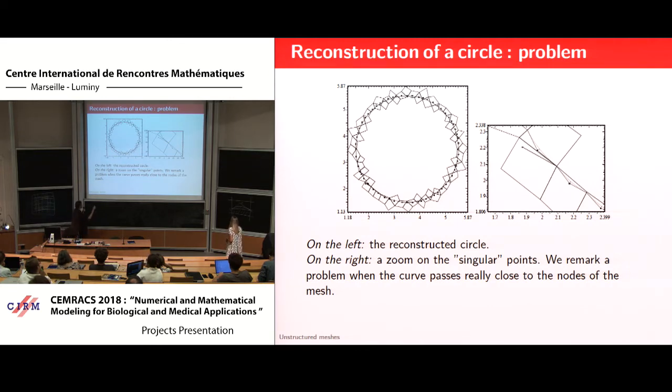For example, if you have this case where you know that you have to pass through these edges, it is possible to have something like that, because the same point is chosen on this edge. Then when you want to correct the volume in this cell, you don't have the necessary area under this point to correct your volume.